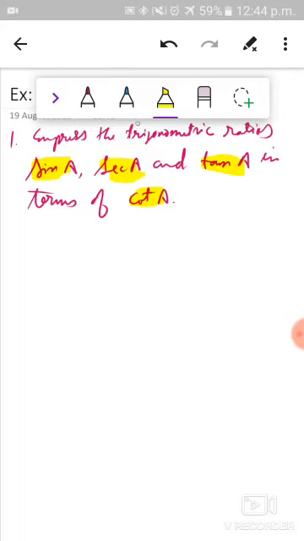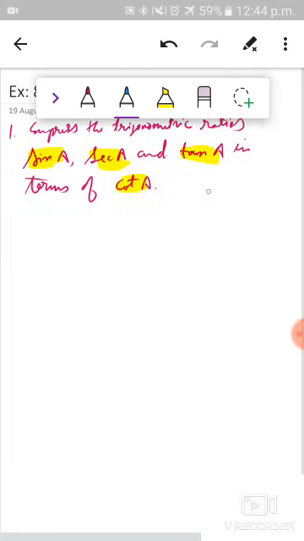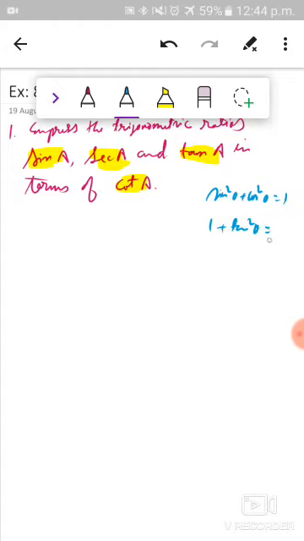So first of all we will try for sin A. For sine, our three identities are like this: sin square theta plus cos square theta equals 1, 1 plus tan square theta is equal to sec square theta, right?